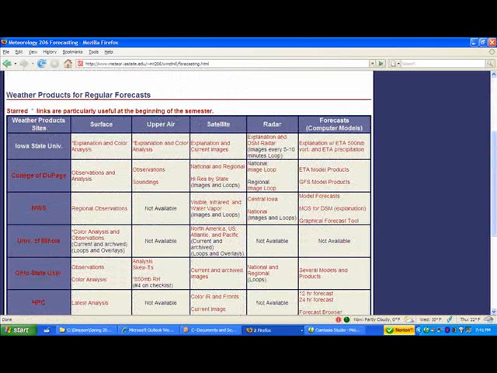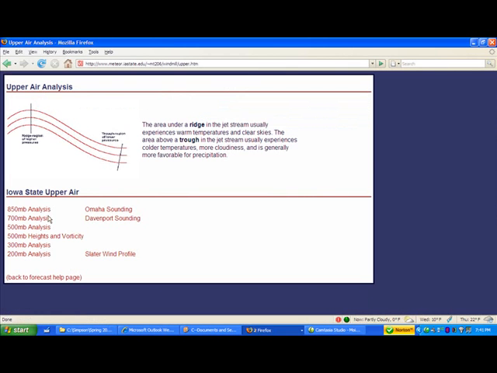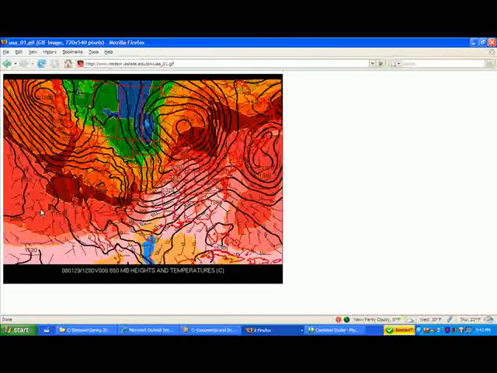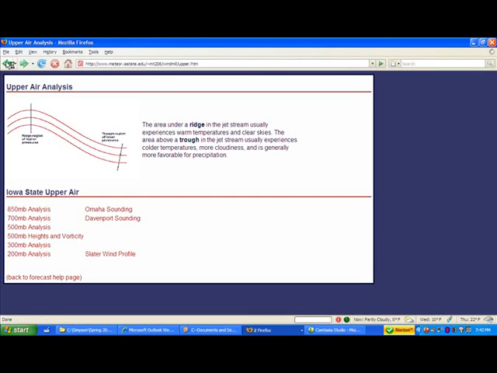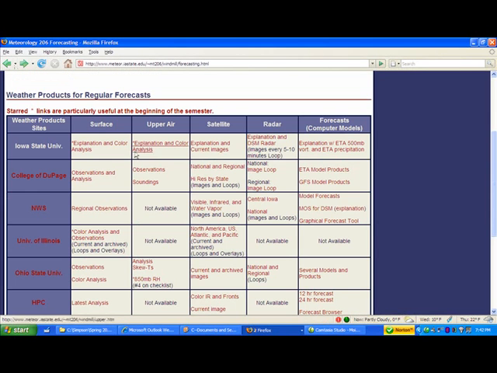So I would be in the upper air column. And let's just take a look at the Iowa State. And we'll go to 850 millibars. They show temperatures, but not dew point temperatures. You see right here, you see temperature in degrees Celsius, but we do not see dew point temperatures. So that would not be a good site to look at.